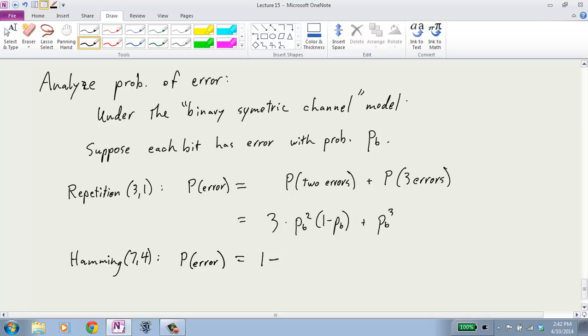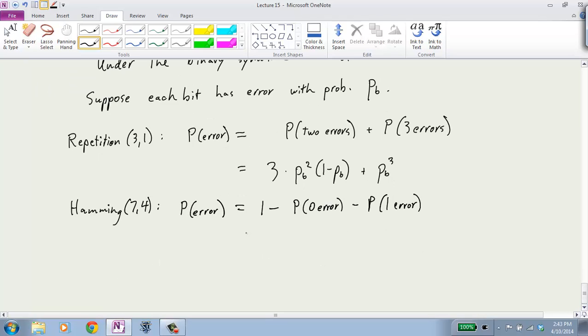All right? Probability of 0 errors plus the probability of 1 error, 1 bit error in the block. So that equals 1 minus, the probability of no errors would be (1 minus PB) to the 7th.